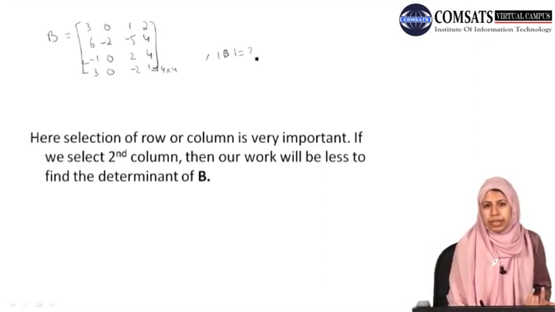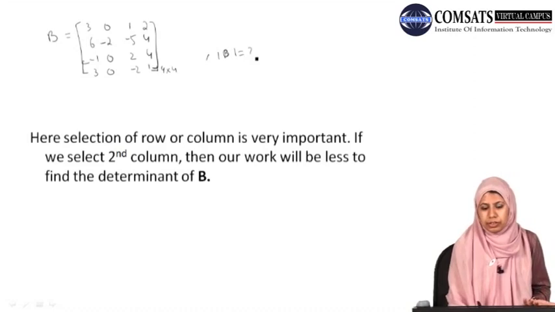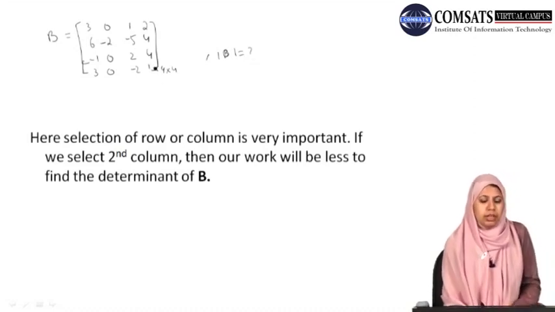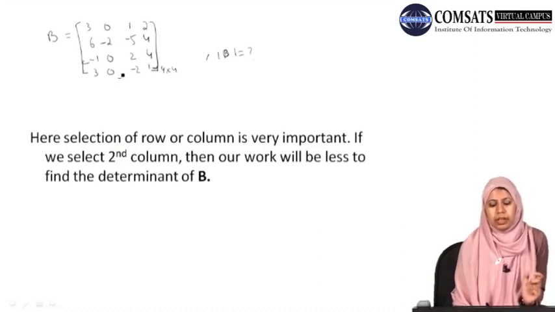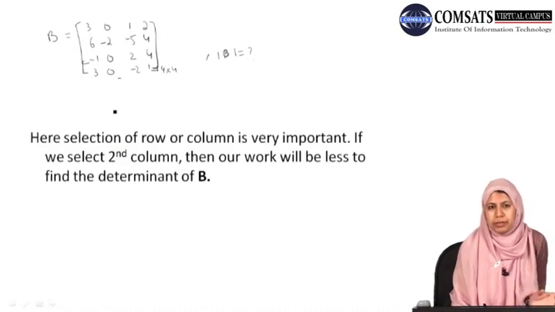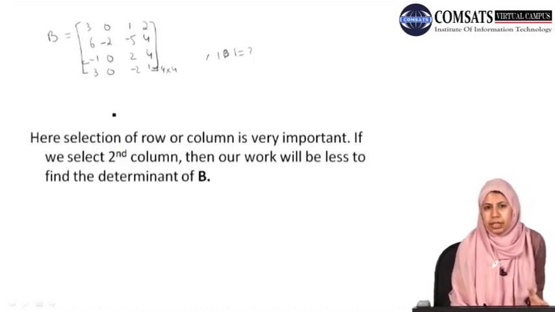It is not difficult to find the determinant of a matrix of this order. Here, if we look carefully at the entries of our matrix, we can simplify our work. How? By selecting the suitable or appropriate row or column. The selection of a row or column sometimes makes our work less, and we can easily find the determinant of that particular matrix.